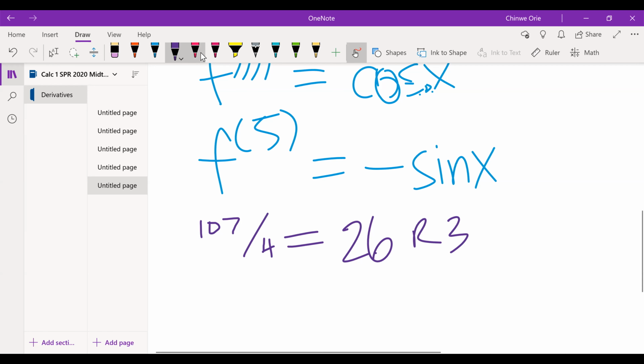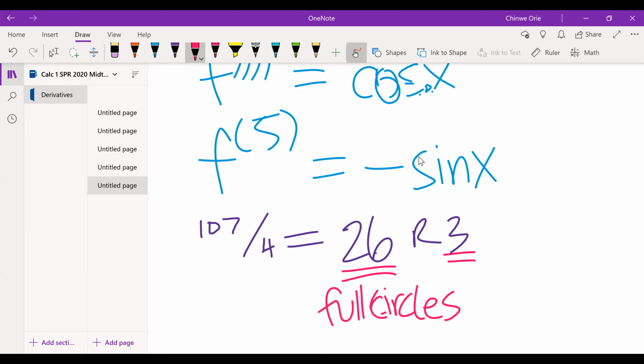So it takes it till you're going full circle, and you got 3. So what does the 3 mean? You're going to take 3 more derivatives. So you had 26 full circles, and then you have 3 more derivatives.